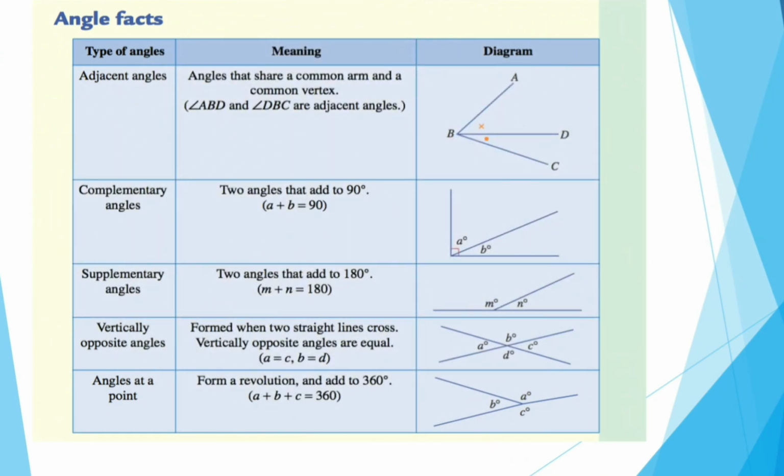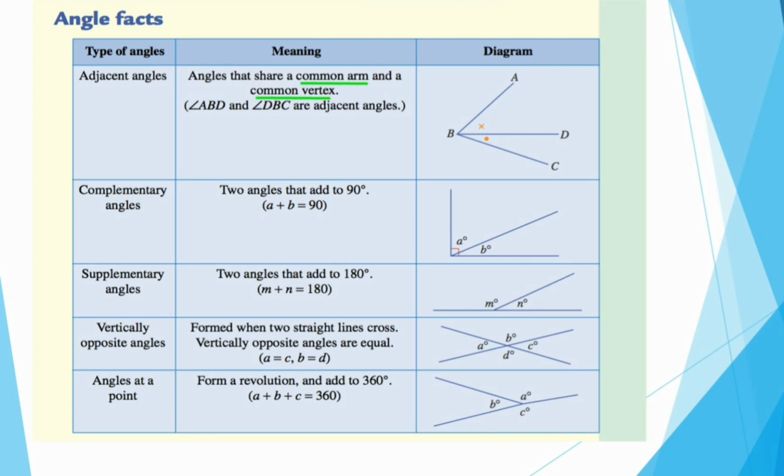Now, here are some angle facts related to lines and angles. The first type of related angles are adjacent angles. Adjacent angles are those angles which share a common arm and a common vertex. So, common arm and common vertex.